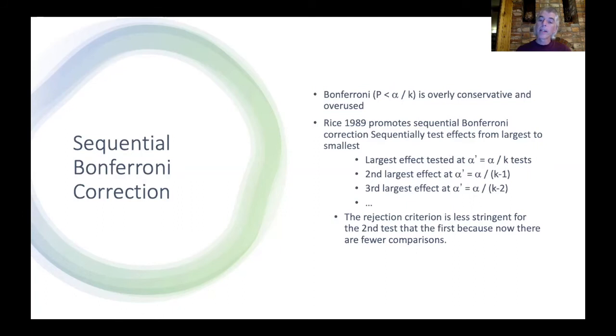And what we're doing is that for each of these sequential tests, our rejection criterion, our alpha, is less stringent because now there are fewer comparisons to be made. So let's say we had 20 statistical tests. For our biggest effect, we would divide alpha by 20 and test at that level. But then after we've already done that, we only have 19 remaining tests, so we divide alpha by 19.